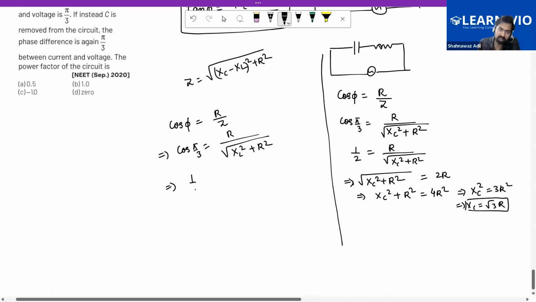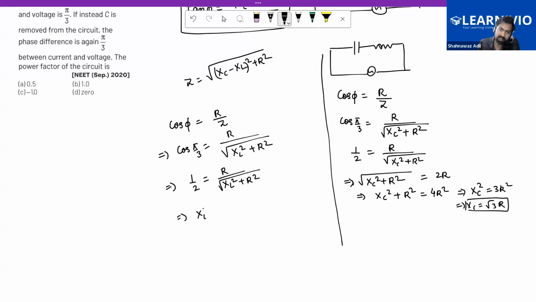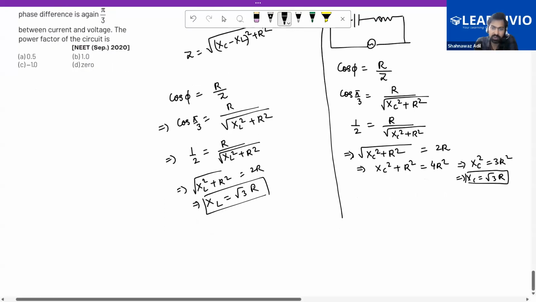Again this is 1 by 2, equal to R divided by the square root of XL squared plus R squared. Again we take this to the other side, and this is 2R. Again we square it, and the final answer would be root 3 R. So XL is root 3 R, and XC is again root 3 R.